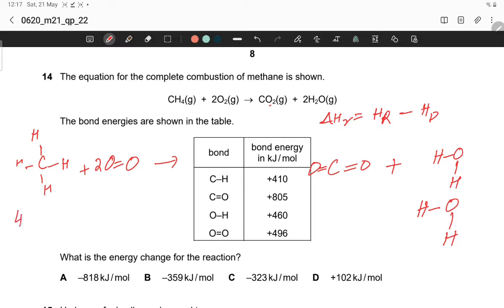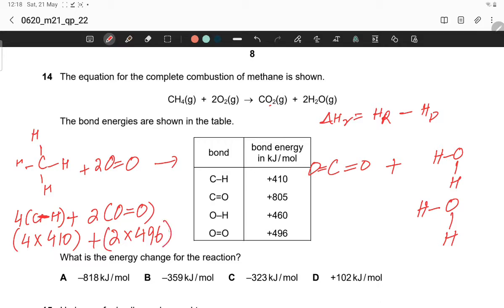Four C-H bonds plus 2 O=O bonds. 4 into C-H bond is 410, plus 2 into 496, and this is equal to 4 into 410 is equal to 1640, plus 2 into 496.